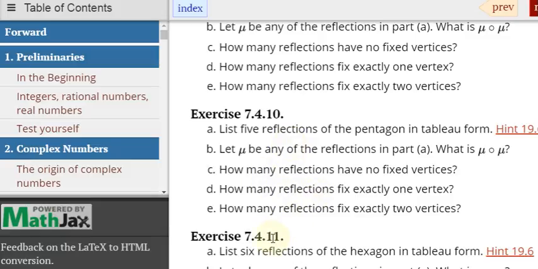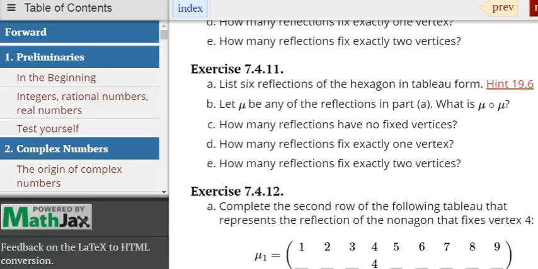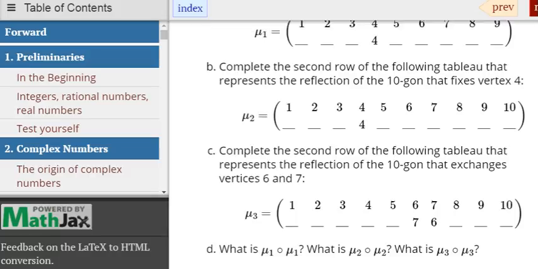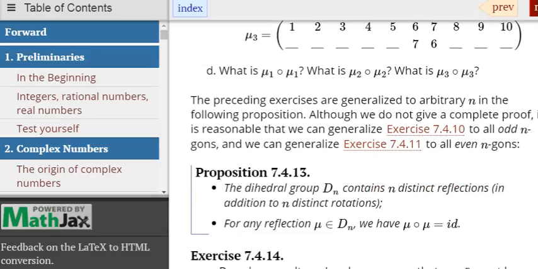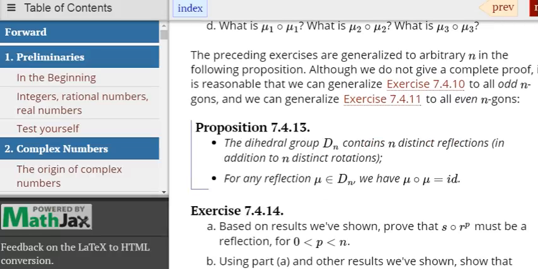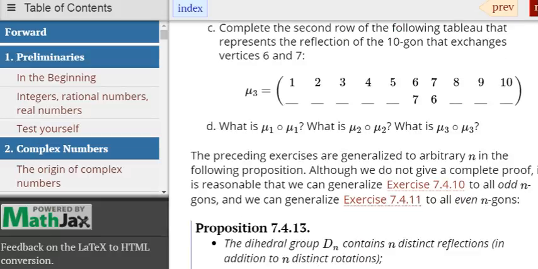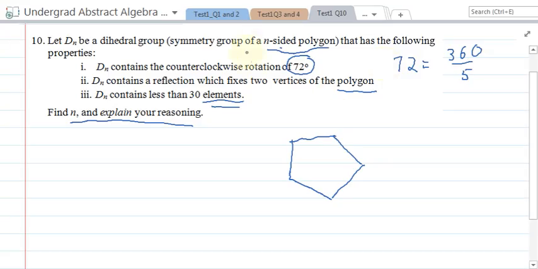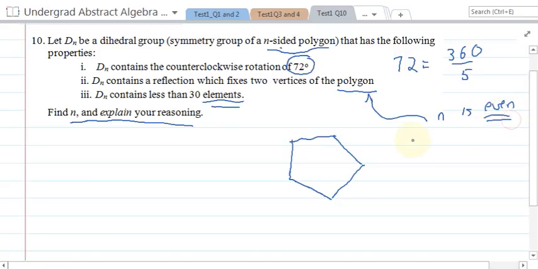And the polygons that have even number of vertices, some reflections fix no vertices and some fix two. Right. I'm not sure if that was stated explicitly here, but you could get that from the examples that we have here. So this tells us that in fact n must be even. N must be even. It can't possibly be odd.